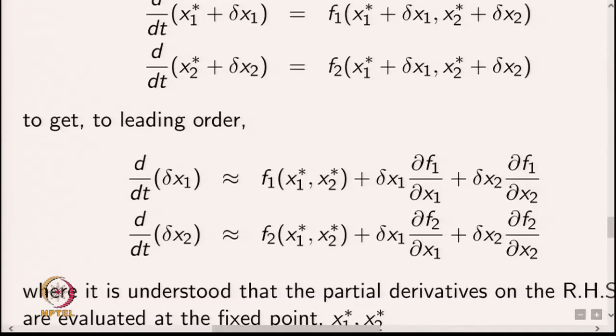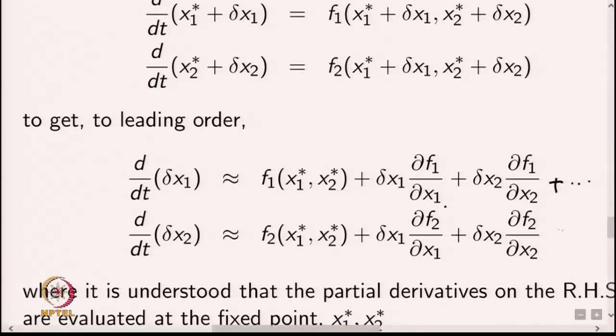since x1 star and x2 star are just points, they do not have derivatives. So, to leading order we get d by dt of delta x1 is approximately f1 of x1 star x2 star plus delta x1 times the partial of f1 with respect to x1 and delta x2 times the partial of f1 with respect to x2, and of course, there are other terms further on.